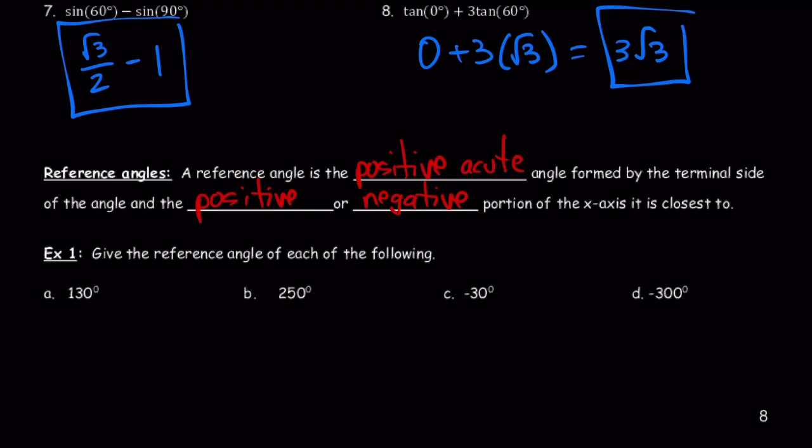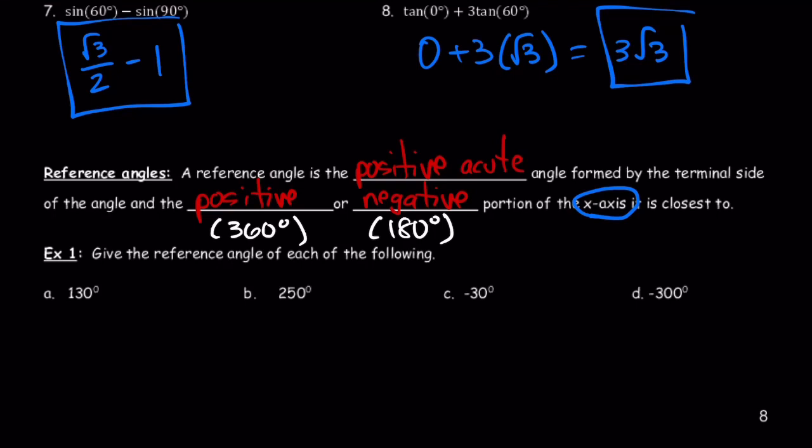So you always draw these to the x-axis. That means we're always using 180 degrees or 360 degrees. So for the positive, I'm thinking how far the angle is from 360 degrees, and for the negative, I'm thinking how far it is from 180 degrees.